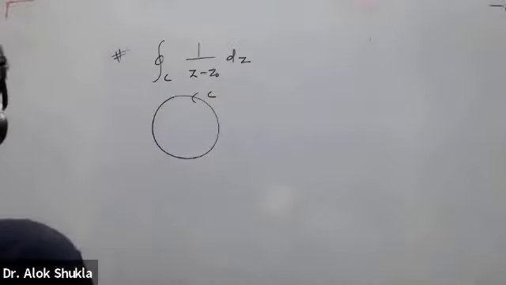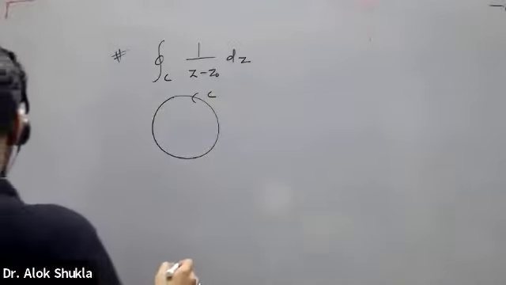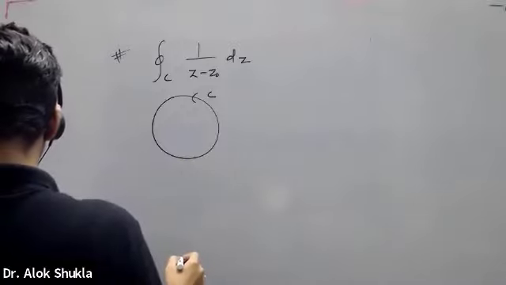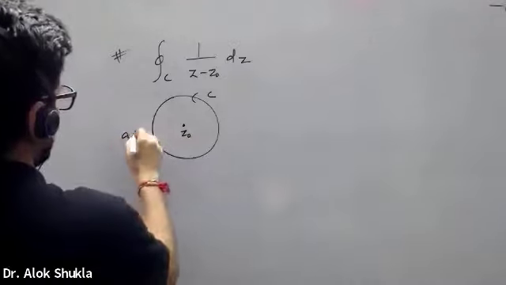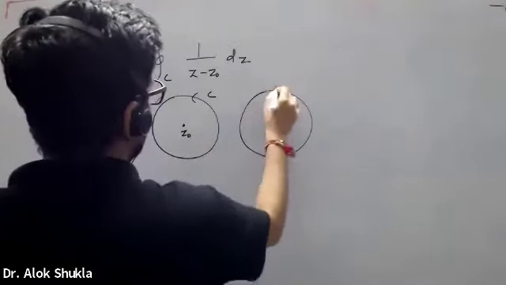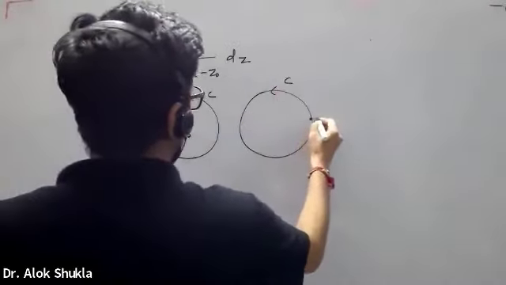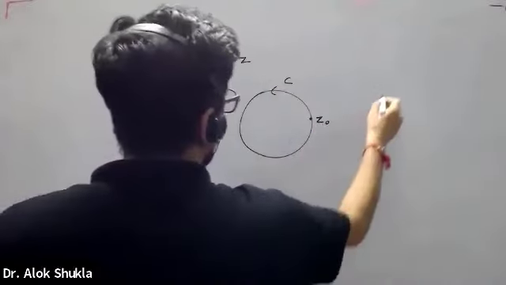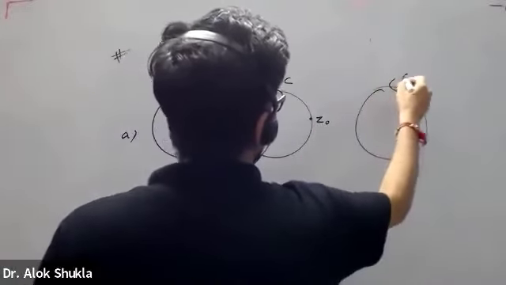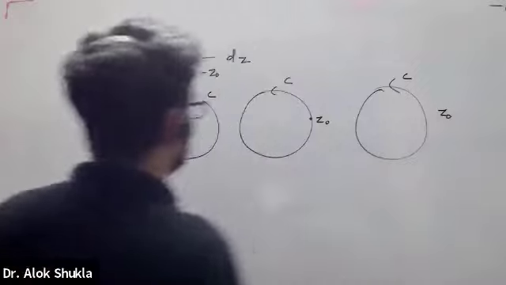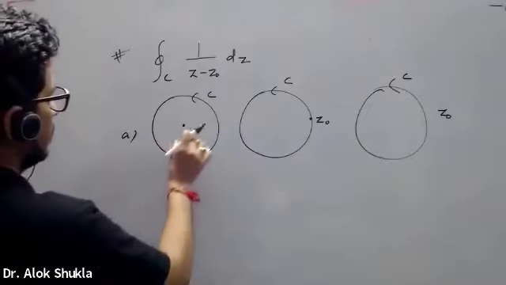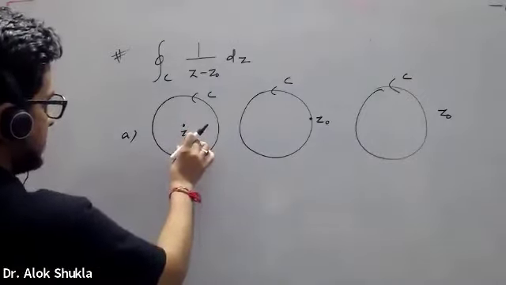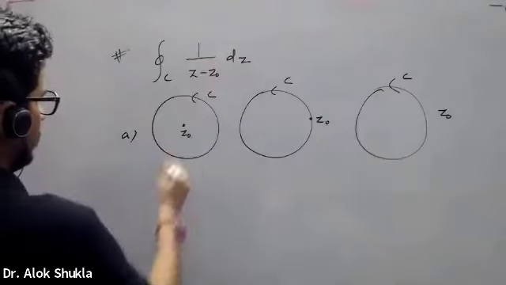and in case A, the point lies well inside. In case B, it lies on the contour, and in case C, it will clear all your concepts. It lies outside the contour. Okay, so what is the answer for A? This lies inside, and this is the b1 only.